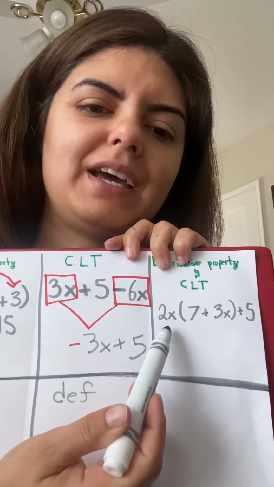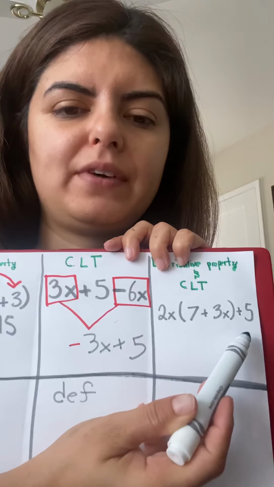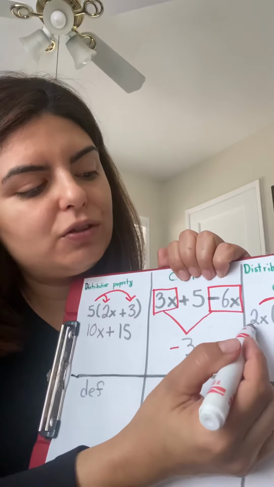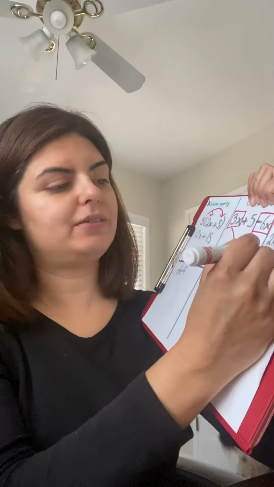So we have 2x parentheses 7 plus 3x plus 5. So the first part of this is that we're going to be doing our distributive property. And once again, guys, distributive property means that we're going to be drawing, yes, arrows. And the arrows mean, yes, multiplication. You're right. Okay. 2x times 7 would be 14x. Okay.